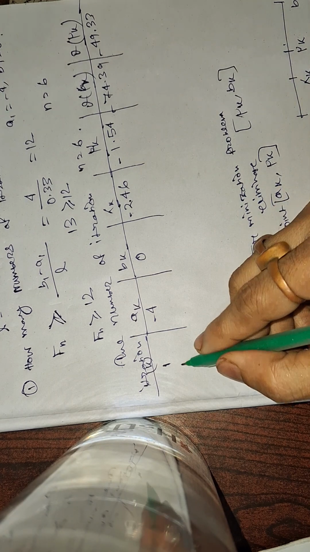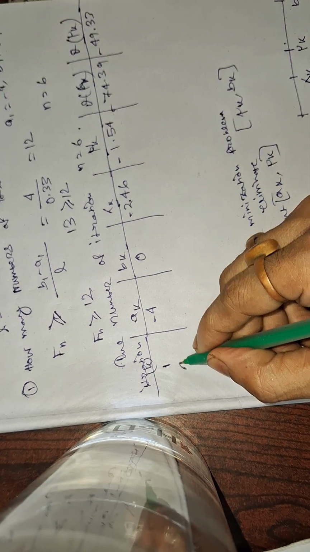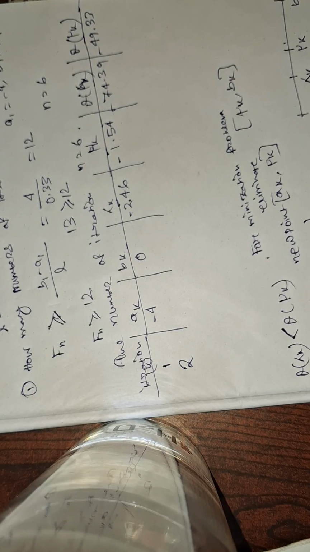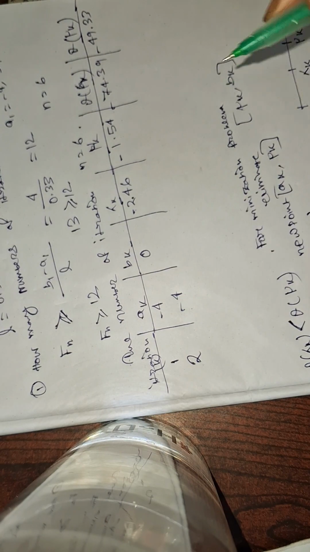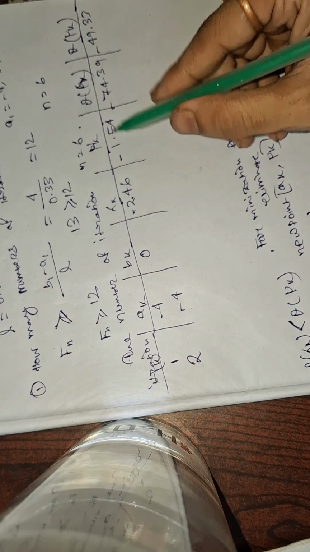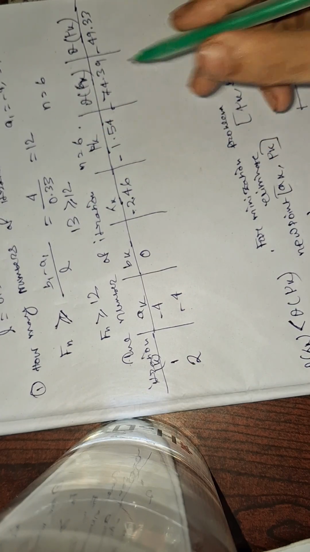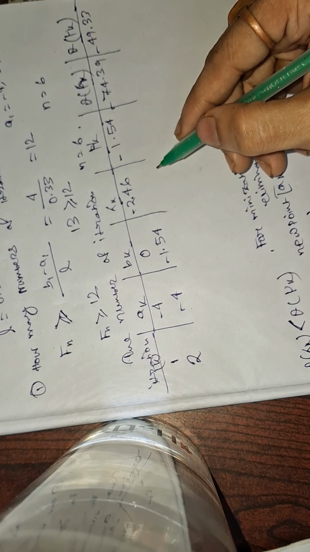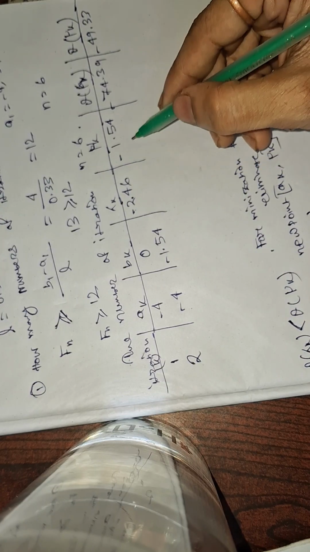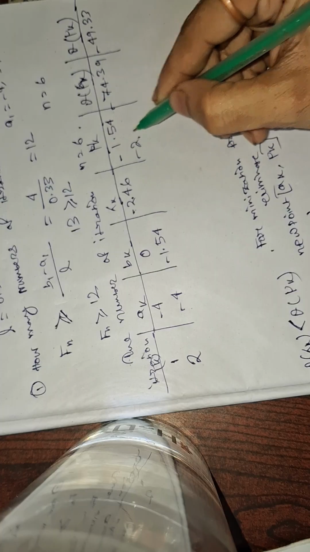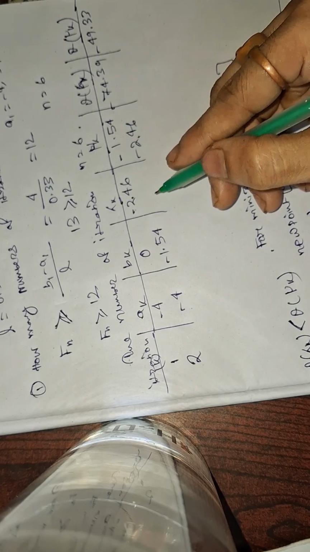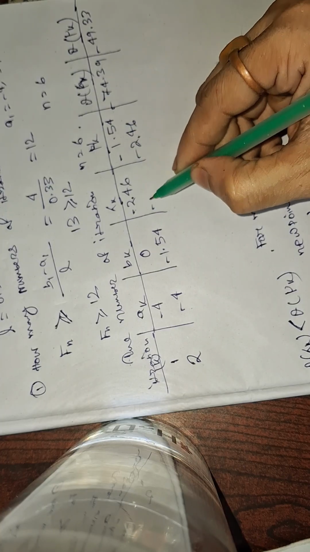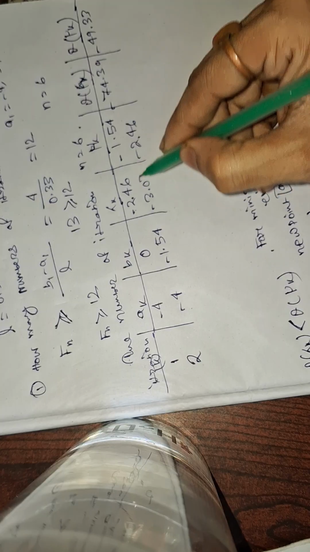Now we write the next iteration, iteration number 2. Here ak is minus 4 and bk is mu k, which is minus 1.54, and we see that mu k value is minus 2.46 and lambda k value is minus 3.078.